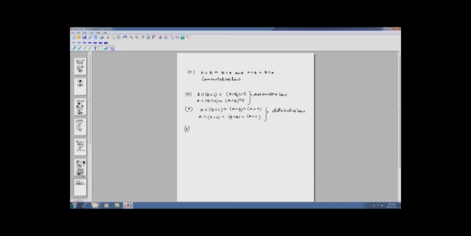Six. Now, A union A is equal to A, and A intersection A is equal to A. This is the idempotent law.